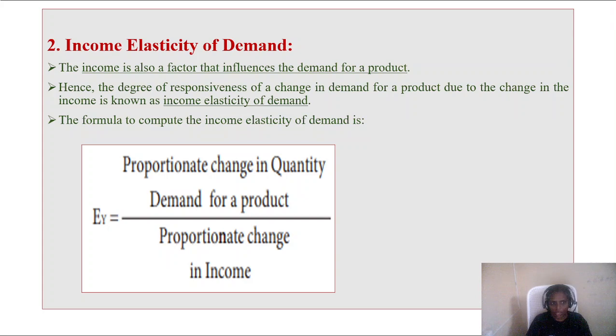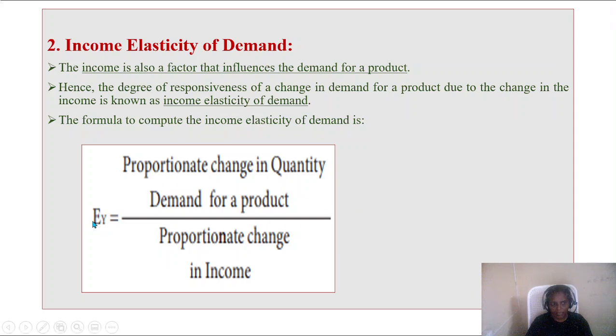In short, we can write income elasticity of demand as EY is equal to proportionate change in quantity demanded for a product divided by proportionate change in income. EY is income elasticity of demand, where Y represents income and E represents elasticity of demand.